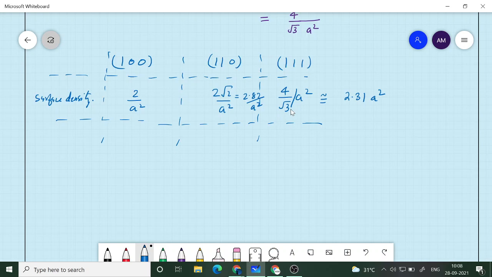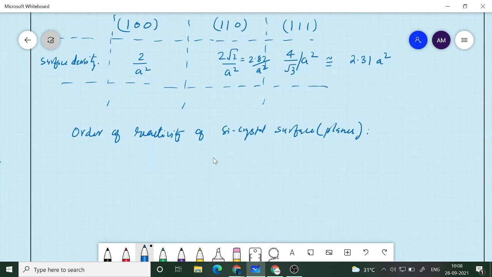So the order of reactivity of silicon crystal surface or plane: the most reactive is 110, and the least reactive is 100.